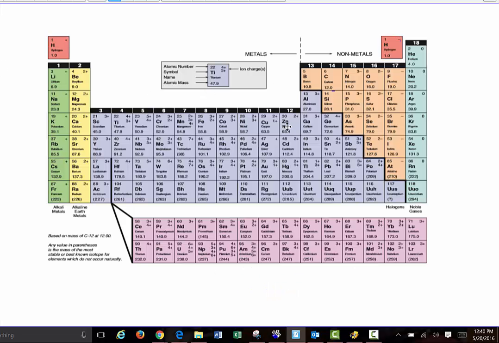When you look at your periodic table, you can tell how many electrons any given atom has just by looking at the atomic number. And we're used to doing this. So for example, if we think about carbon, how do we know carbon has 6 electrons? Well, one is you could count its placement in the table. So 1, 2, 3, 4, 5, 6. You could do that. Or you could notice that its atomic number is 6, and that tells us the number of electrons as well as the number of protons in a neutral atom of carbon.